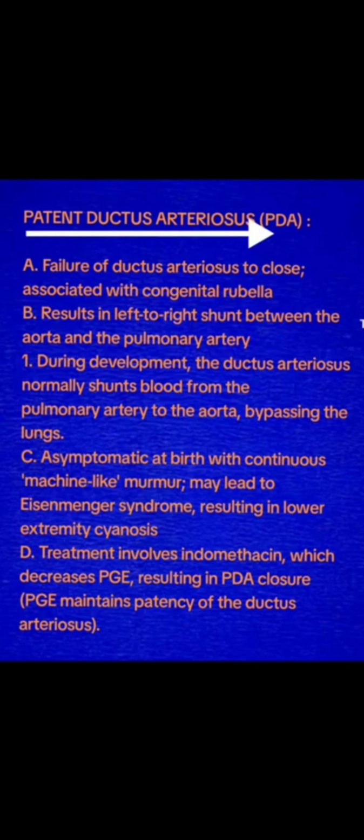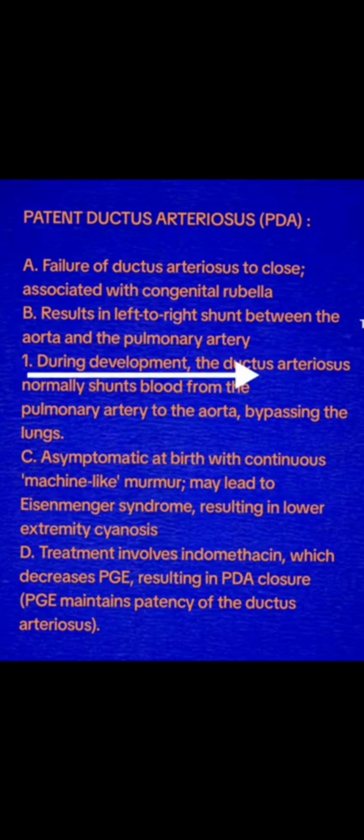Patent ductus arteriosus. Patent ductus arteriosus is failure of ductus arteriosus to close, associated with congenital rubella. Result in left to right shunt between the aorta and the pulmonary artery. During development, the ductus arteriosus normally shunt blood from the pulmonary artery to the aorta, bypassing the lungs.